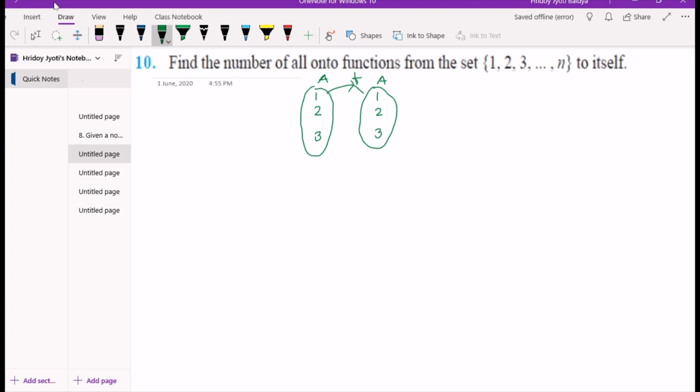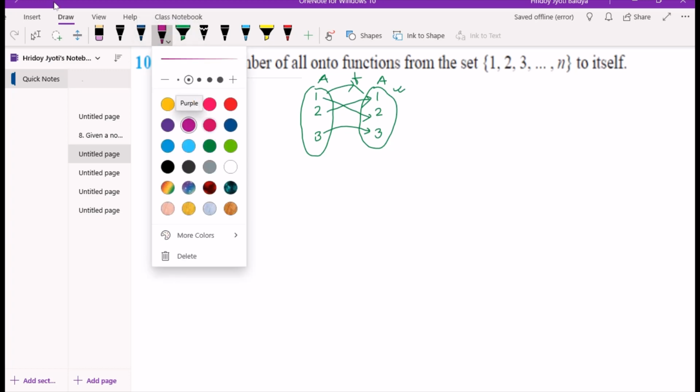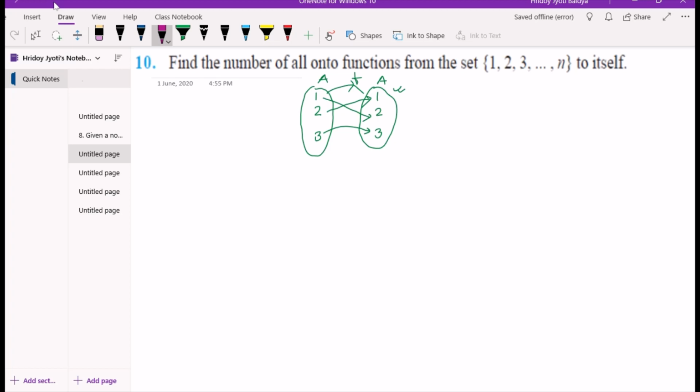Onto means every member in the codomain must be connected. Suppose 1 and 2 I have connected like this. Now if I try to make this function many-one, what will happen? 2 is already connected with 1, so 2 can be connected either to this 2 or to this 3, right?